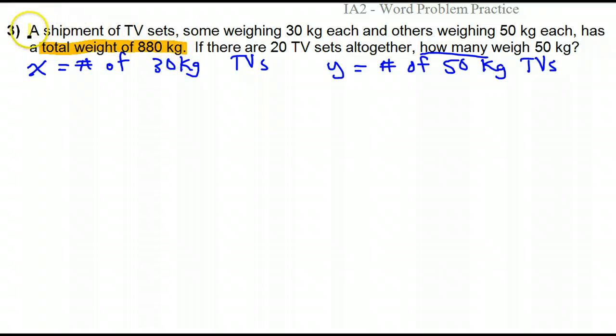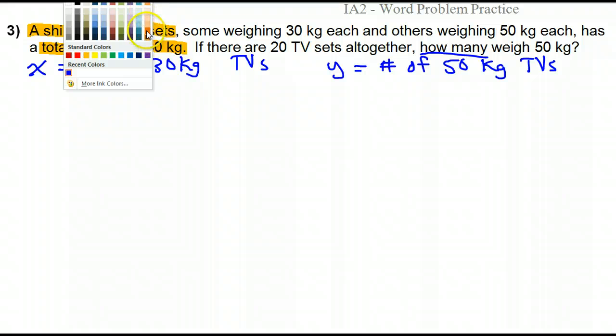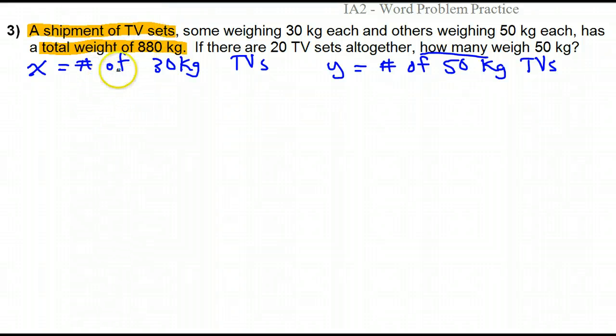All the TVs, okay? The whole shipment has a total weight of 880 kilograms. Well, that total weight should be the weight from the 30 kilogram TVs plus the weight of the 50 kilogram TVs.